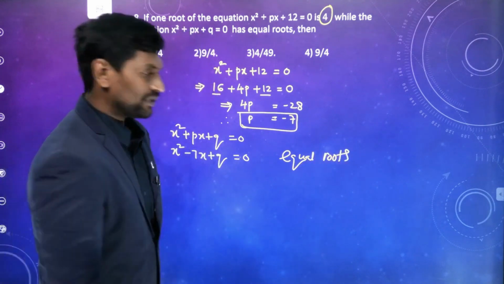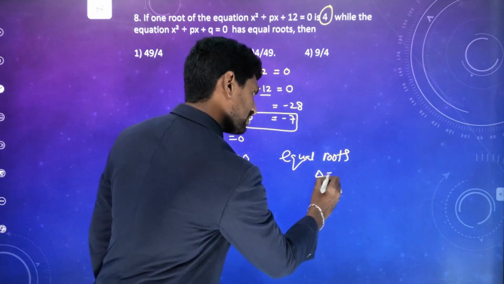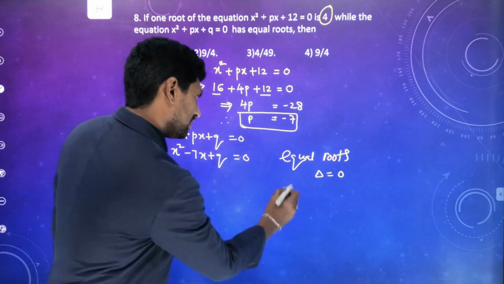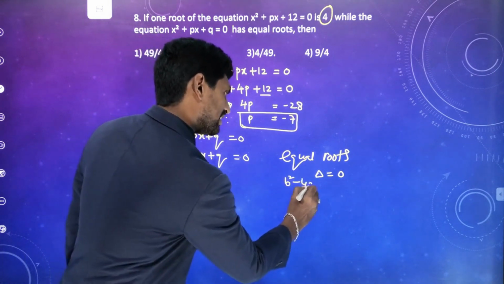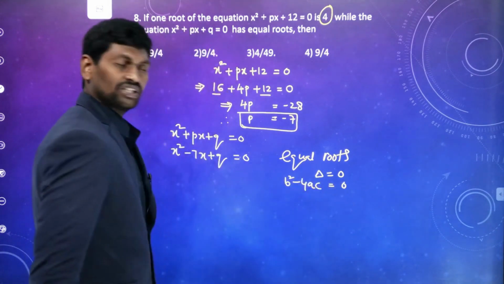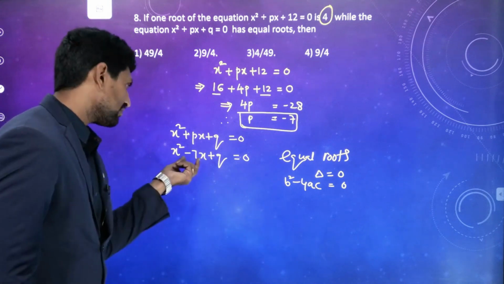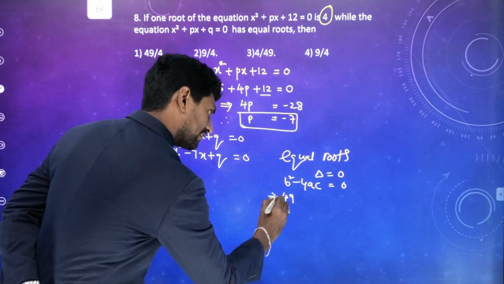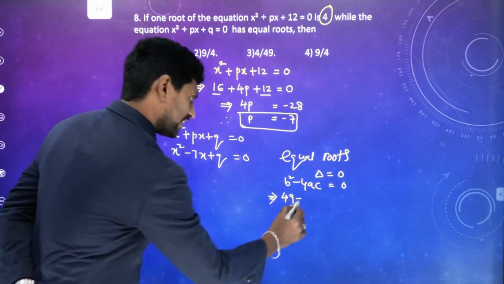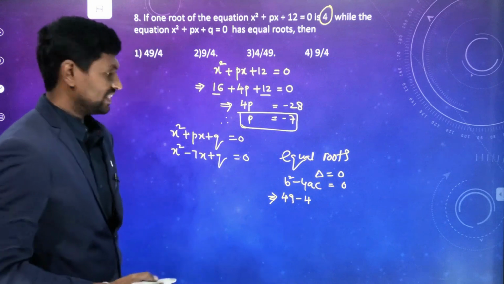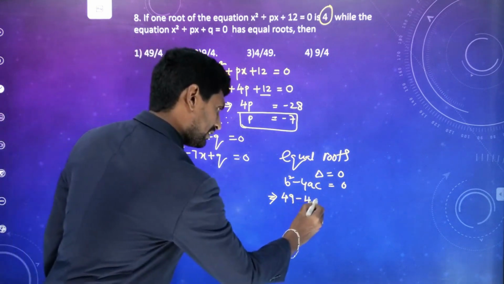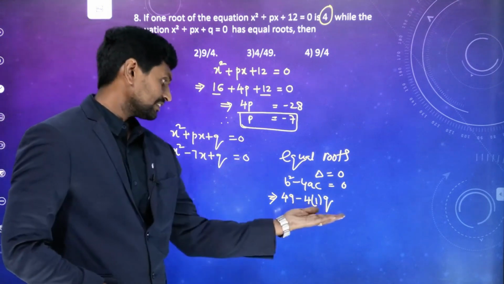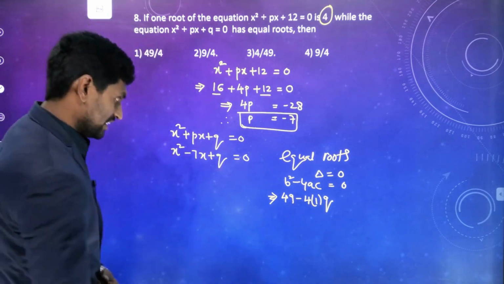The discriminant becomes 0. Delta value becomes 0. Discriminant means b square minus 4ac, and here b square minus 4ac equal to 0. From this equation what is the b value? b value is minus 7. So minus 7 whole square is 49, minus 4 into a into c. a value is 1 and c value is q, the constant term. That equals 0.